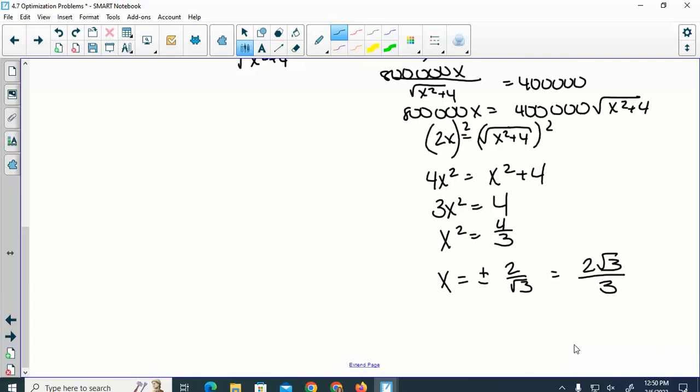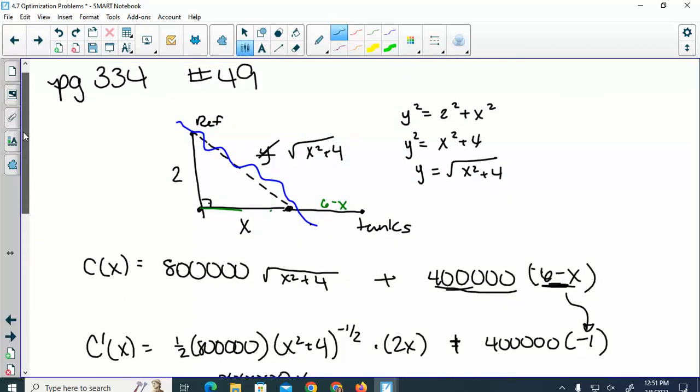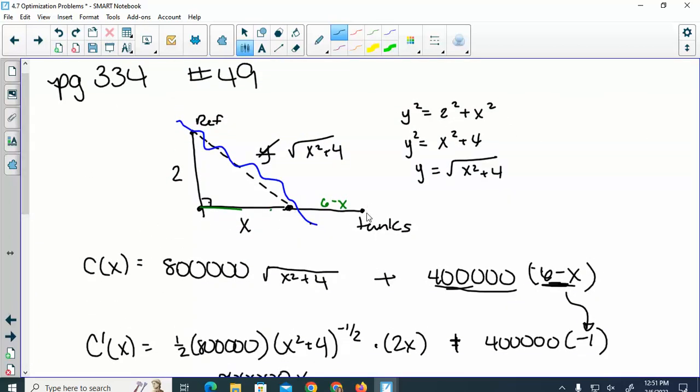And so then to answer the question, it wanted to know where the point should be located. If I type this in, 2 radical 3 over 3, that will give me a decimal to approximate it. So that is my x. Keep in mind these tanks, we'd have to write some sort of sentence explaining what that meant.